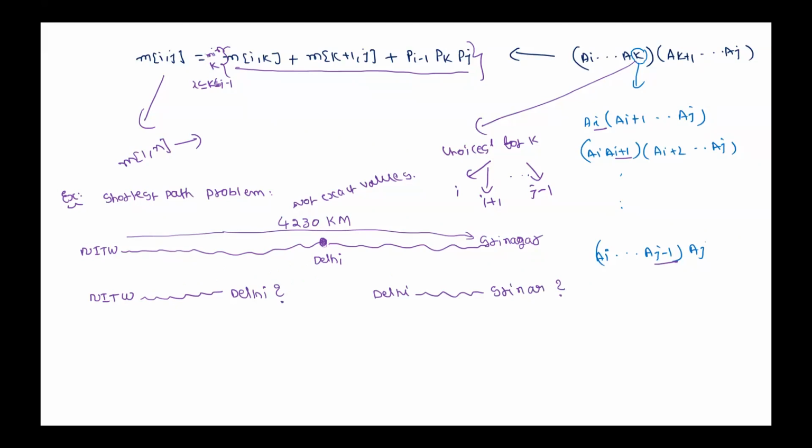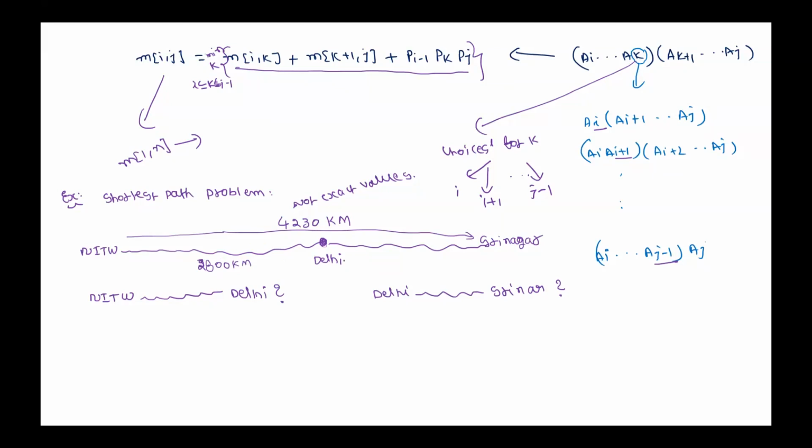Now you tell me, what is the distance from NITW to Delhi? Again, I'm repeating, these are not exact values. Let us assume that this is 2,800 kilometers by some route.